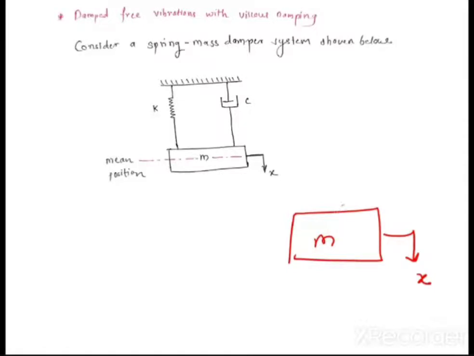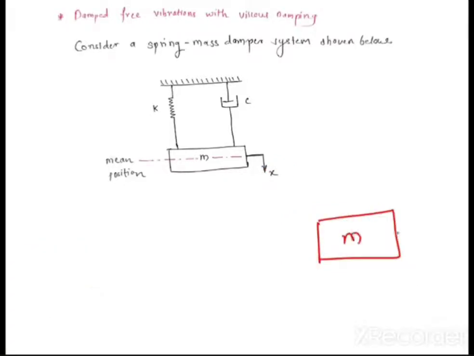Hello? What are the forces acting on the masses when you are giving a small displacement x? Which is the first force? Anybody? Hello? Are you understanding my question? Yes. What is the first force? Or any force, you know. Am I audible? What are the forces acting on the masses? Hello? Hello? Am I audible?